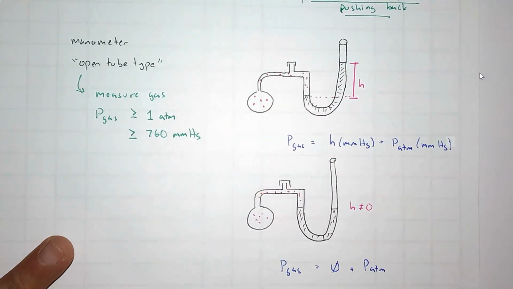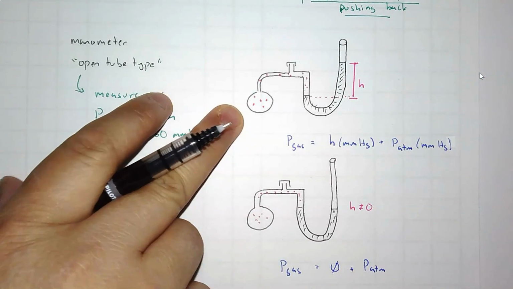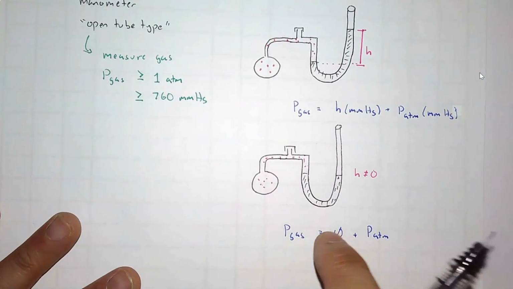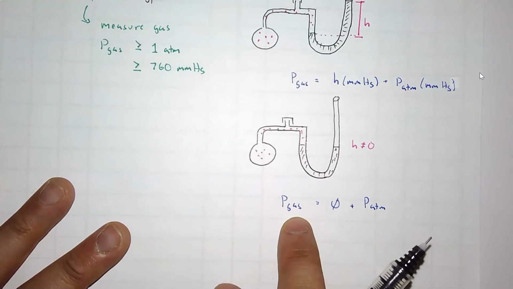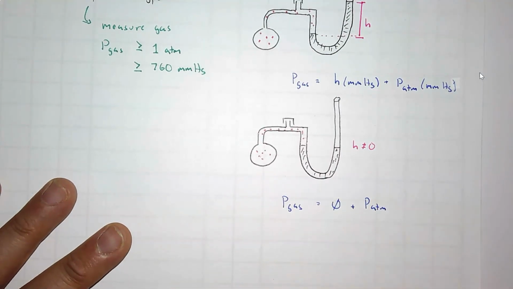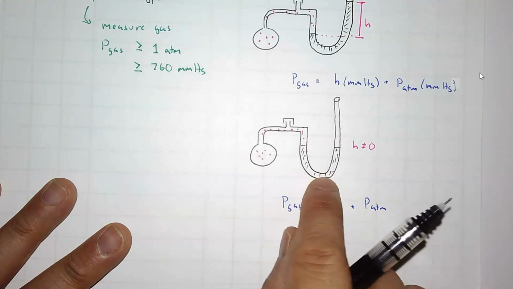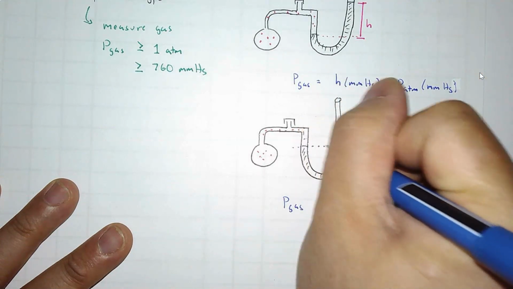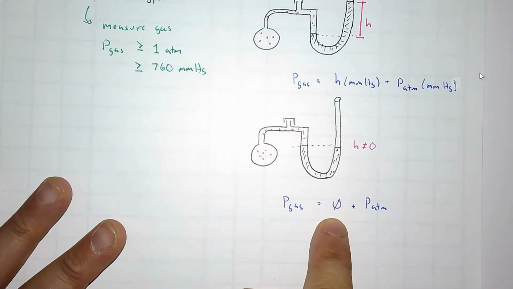But if this is a little bit unclear, just imagine, what if the gas pressure in the bulb is identical to the pressure being pushed by the atmosphere? Then this height would definitely be identical, and the difference would be 0.